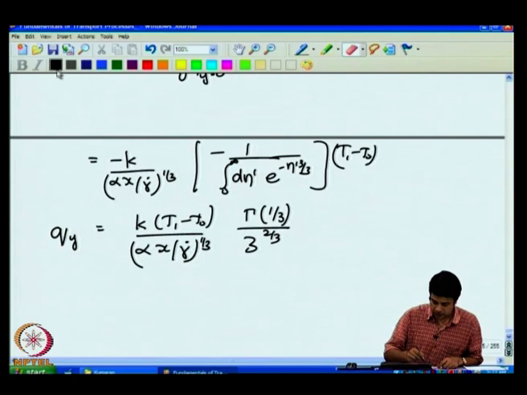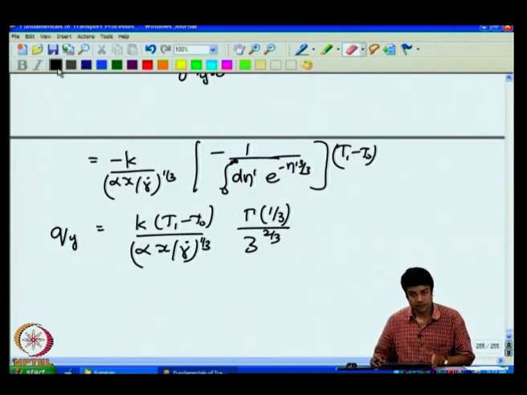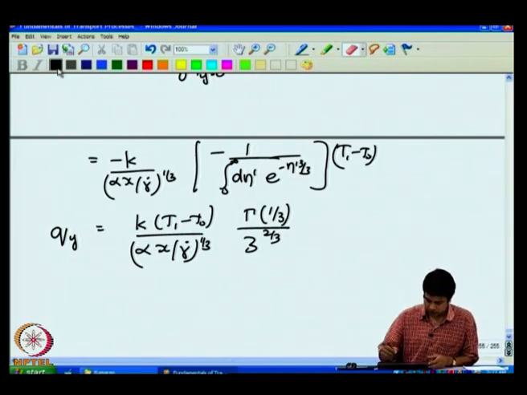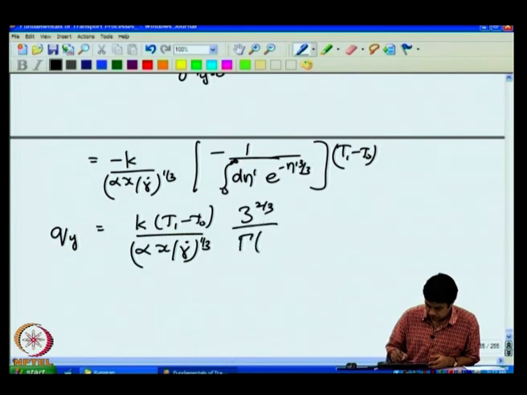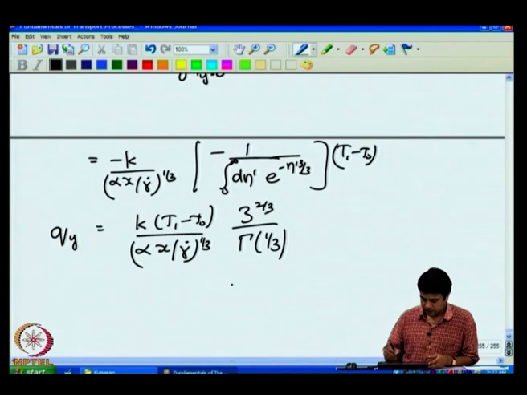What is the total heat coming out of the surface? I should change this.